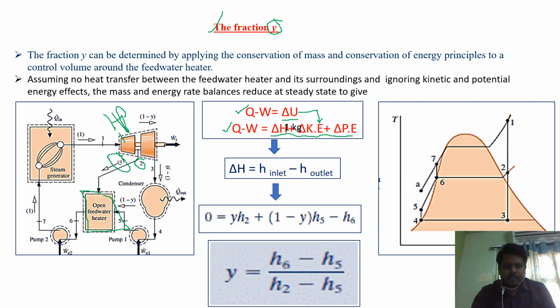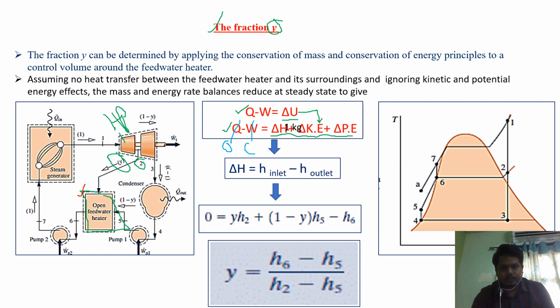When we apply the first law to the open system, assume that there is no heat loss to the surroundings from the open feed water heater. So if there is no heat loss, the term Q will be 0. And also, since the open feed water heater is a heat exchanger, there will be no work.